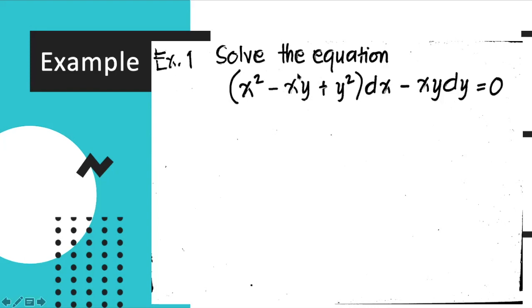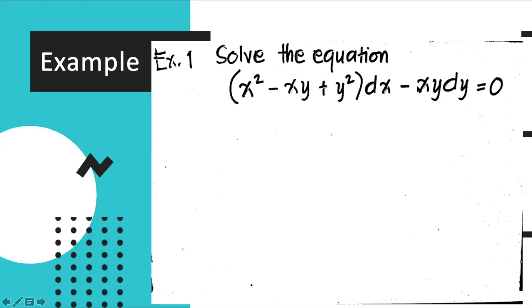So basically you add the exponents regardless kung anong variable siya. So 1 plus 1, 2 rin. Then y squared. Okay, so as you noticed, 2, 2, 2, right? So if their degrees are the same, then we consider this as a homogeneous function.